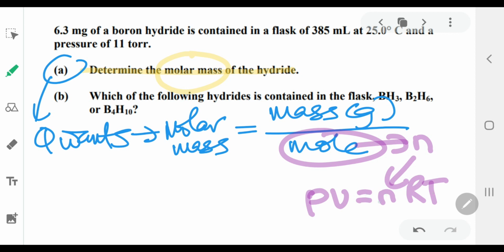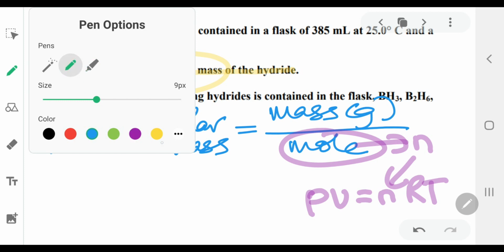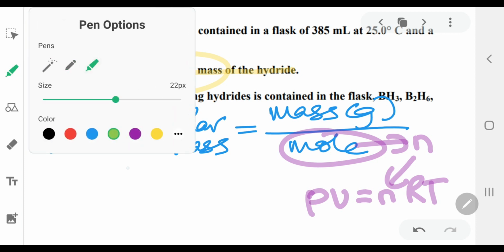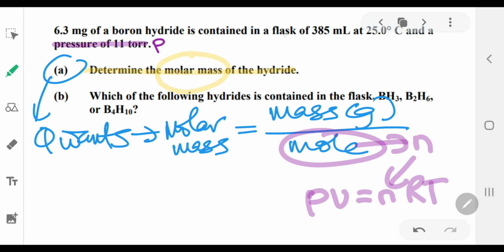So do we have pressure given to us? Yes, we have pressure right over here. That is your P, pressure. Do we have volume? Okay, let's have a look. Do we have volume given to you? We have contained in a flask of 385 milliliter. The question does not say what is the volume of hydride, but it gives you the volume of your flask.